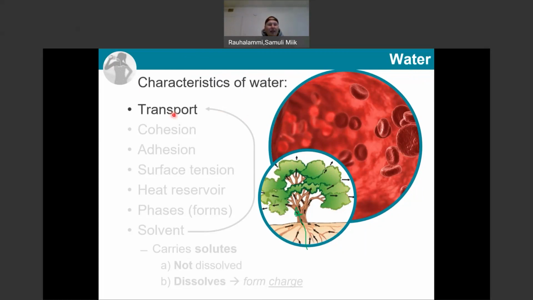So water really is highly successful in transporting materials. And that's one of the key reasons why water is the foundation that living things rely on for transporting materials in these organisms.